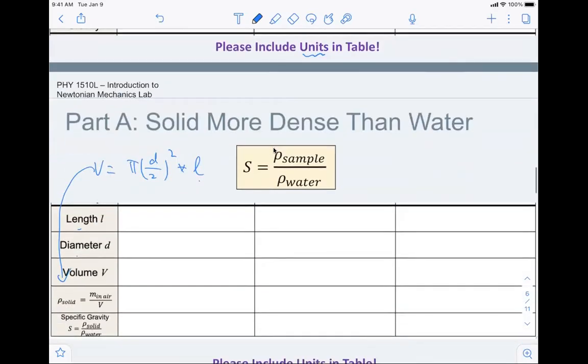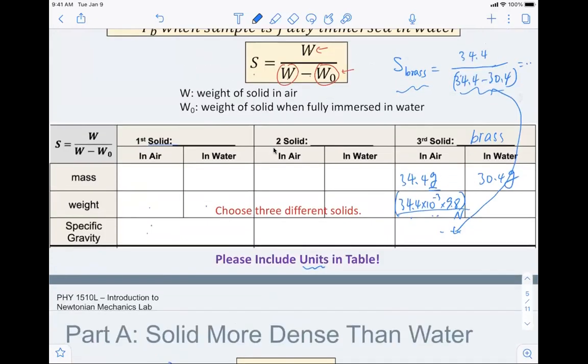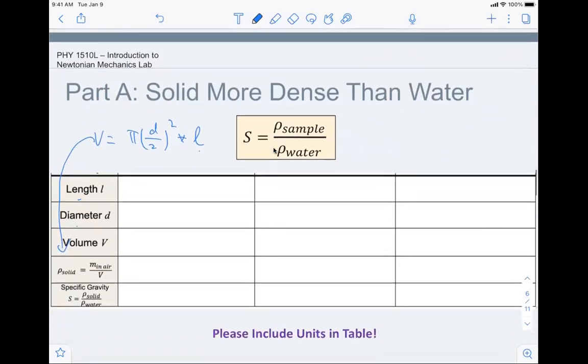Once you get a specific gravity by putting objects in water, since you are given the diameter, you can also calculate the density directly by using the mass that you measure divided by its volume.